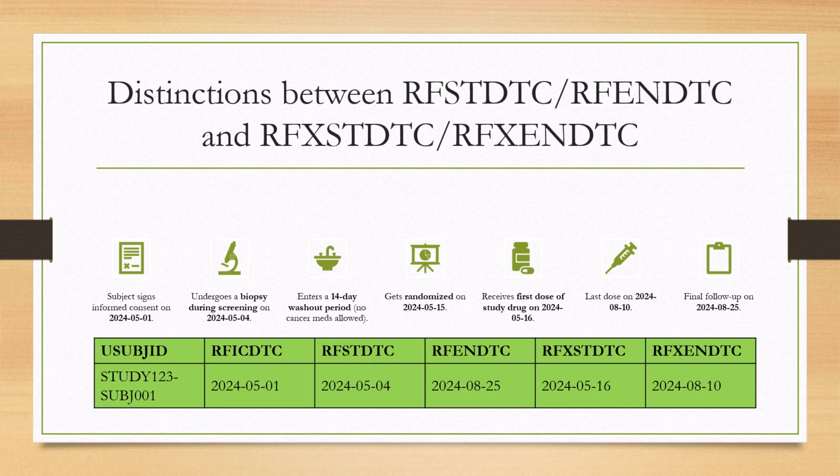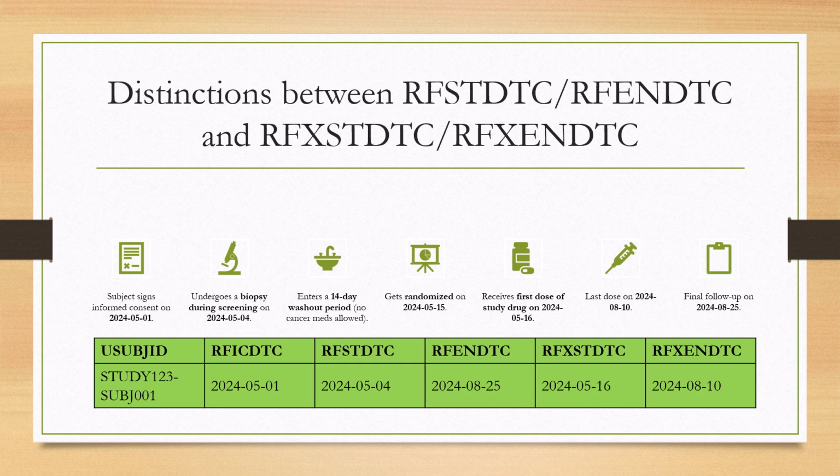So in simple terms, if you want to answer the question, what is the difference between the RFSTDTC and the RFXSTDTC, we can say that RFSTDTC is the date of the start of the trial.